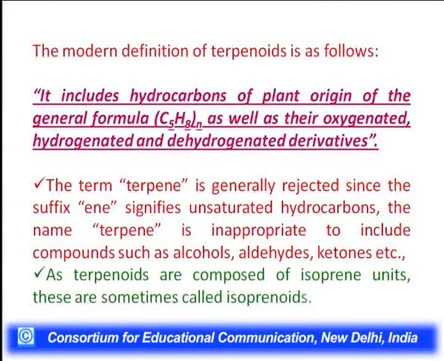The term terpene is generally rejected since the suffix "ene" signifies unsaturated hydrocarbons, and the name terpene is inappropriate to include compounds such as alcohols, aldehydes and ketones, since some oxygenated derivatives of hydrocarbons are also termed terpenes. Now we will term these terpenes as terpenoids. Since terpenoids are composed of isoprene units, these are sometimes called isoprenoids also.